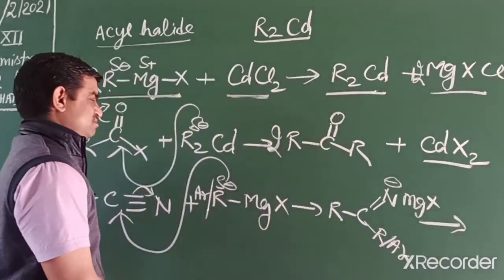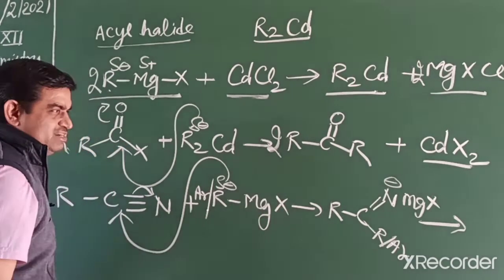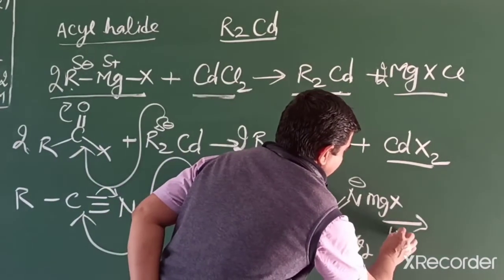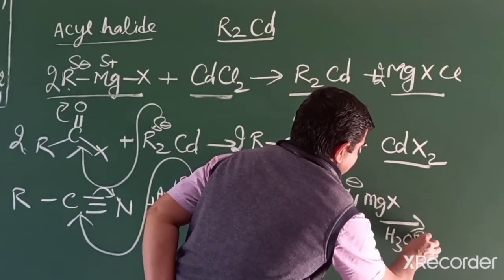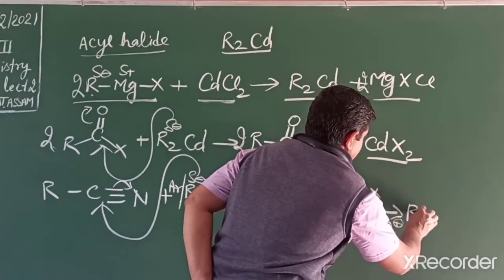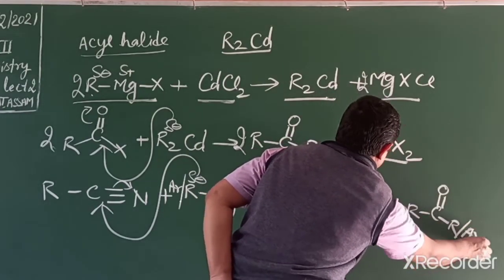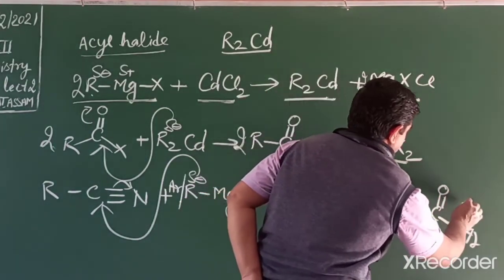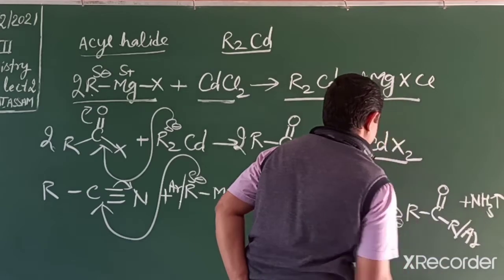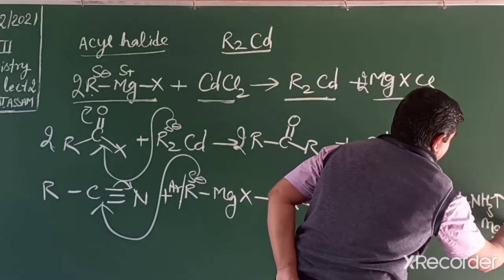Further, in the Grignard reaction, we know the next product we have to write by hydrolysis. So the next step is acidic hydrolysis. Then this bond dissociates. The product is ketone, either R or Ar, plus ammonia gas released, and MgXOH.